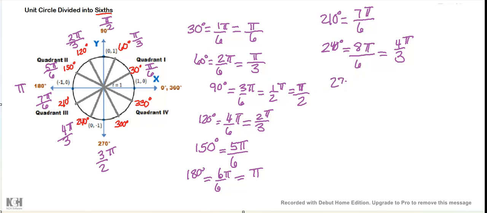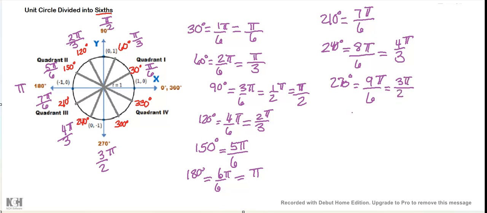All right, 270 degrees was 9, excuse me, 9/6, which reduces to, he's lost my voice. I don't want to make any mistakes. Right? Three halves, duh. Which is the same thing as 1.5.